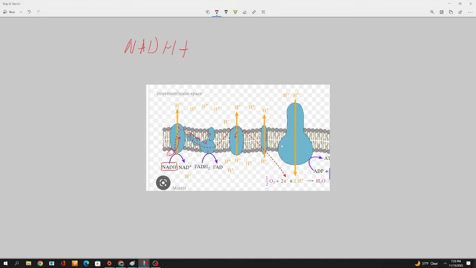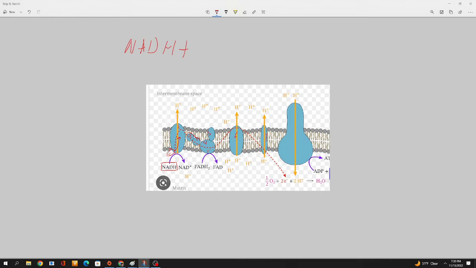What that basically means is that their affinity for the electron in their previous protein is much higher. So protein 2 will have a greater affinity for that electron. It really wants to pull that electron more into itself than what protein 1 wants. So protein 3 will have a greater affinity for the electron than protein 2 has. 4 has a greater affinity than 3, and so on and so forth.